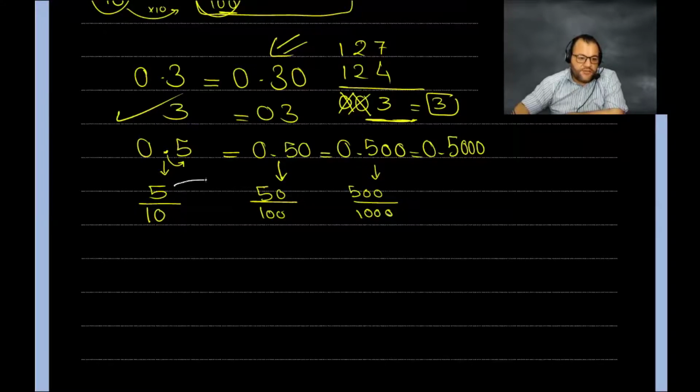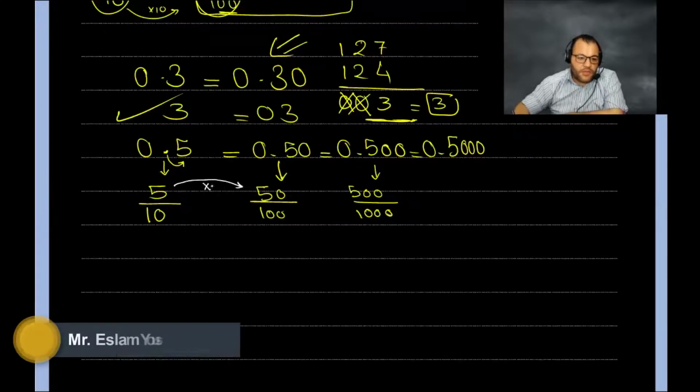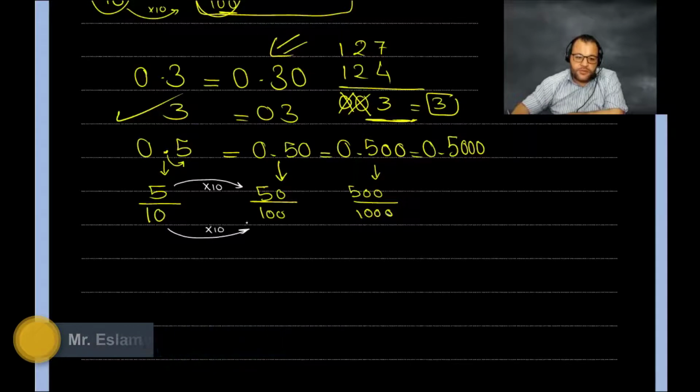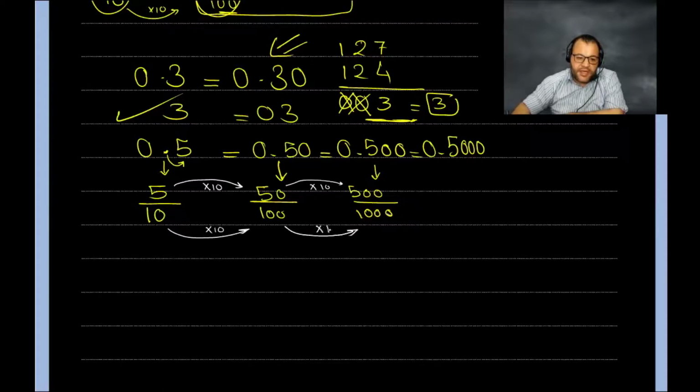If you look, the 5 here becomes 50, you multiply by 10. Is that right? And 10 times 10 equals 100. 50, if you multiply it by 10, it will be 500. 100, if you multiply it by 10, it will be 1000. It means if you multiply the numerator and denominator by the same number, the fraction will be the same or not the same?